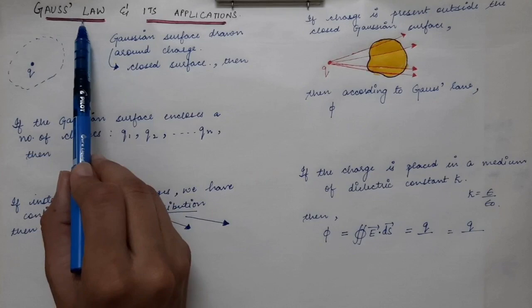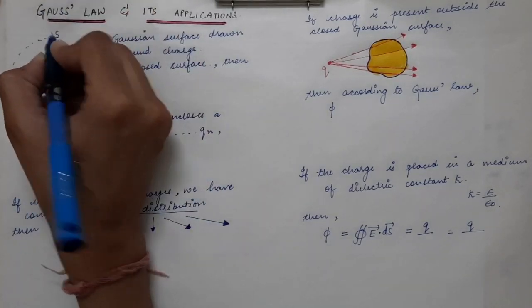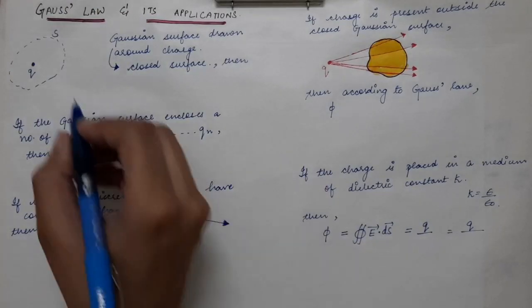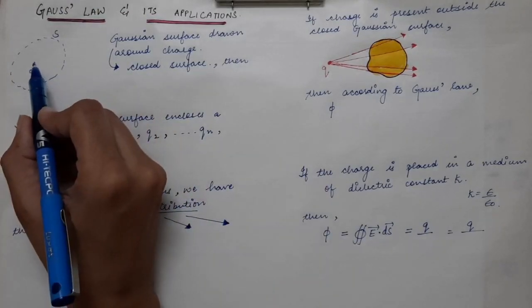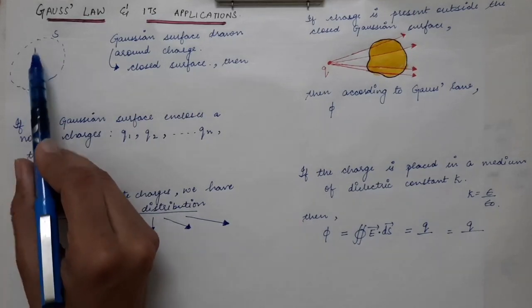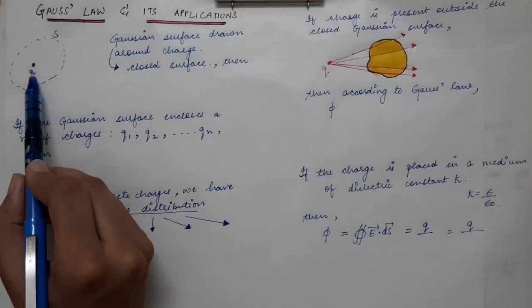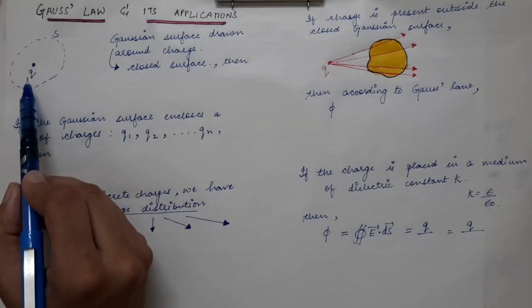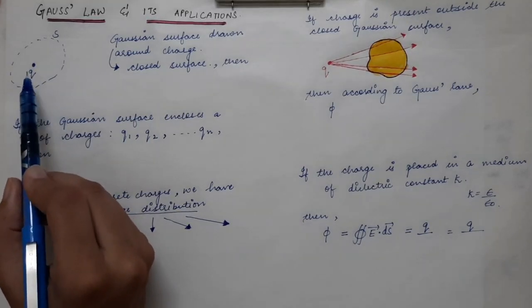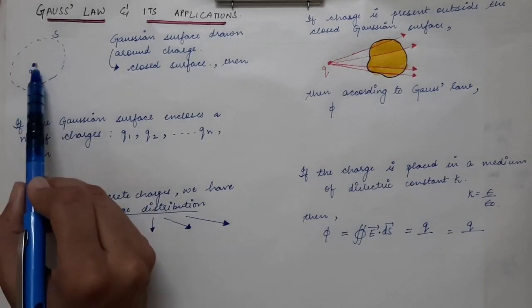According to Gauss law, let's say this surface is represented by capital S. The electric field will point radially outwards for this charge q if the charge is positive, and if the charge is negative, the electric field lines will point radially inwards.